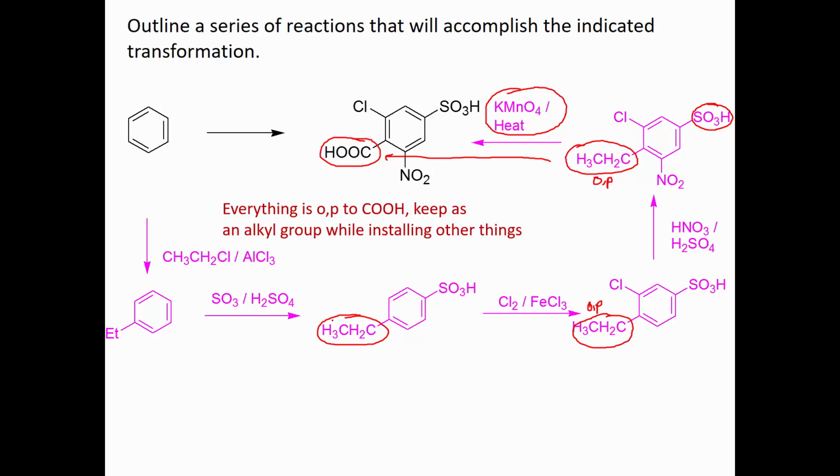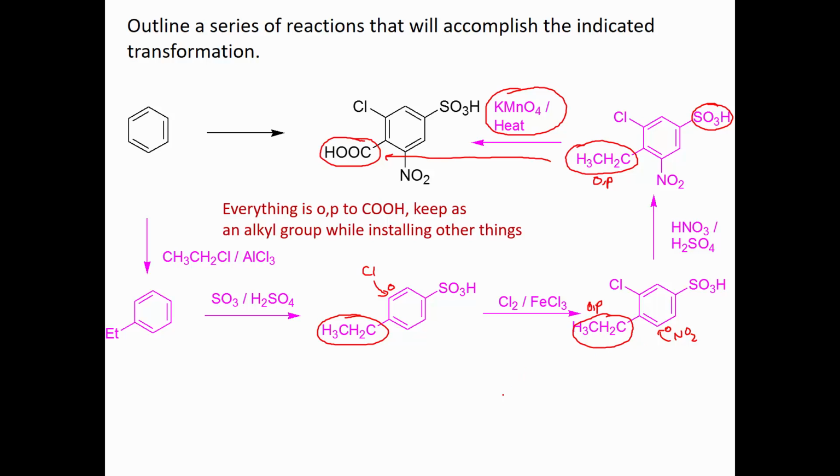So when we add chlorine, we're going to want to add that ortho. So we're going to add chlorine here, which is ortho to that, and nitro here, which again is also ortho to our ortho-para director.